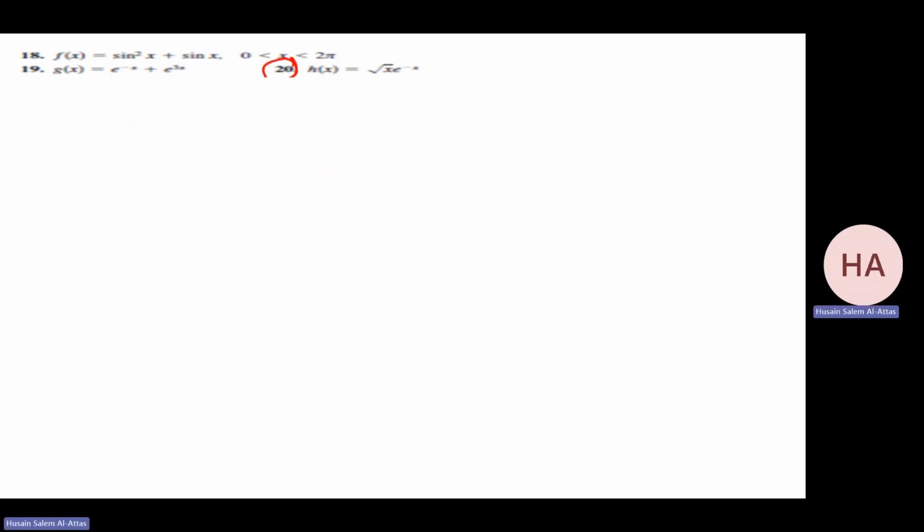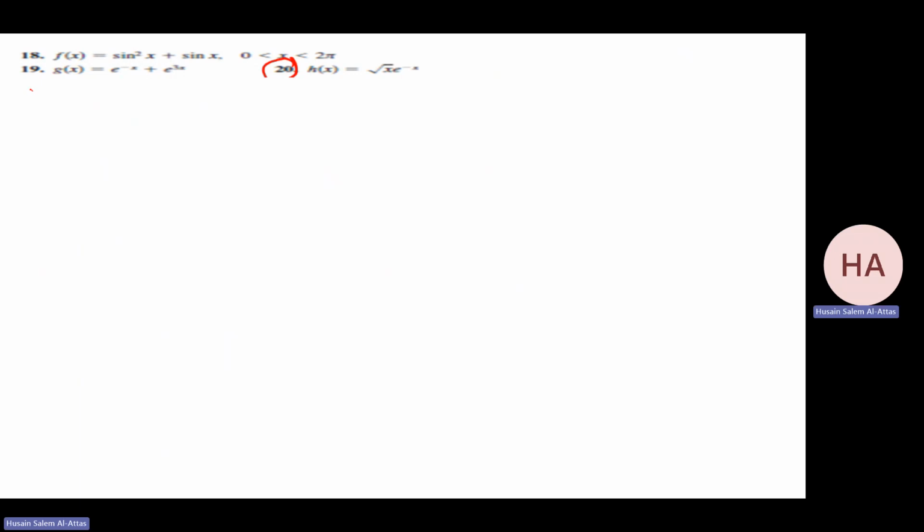Now we'll do 18. As I said, I have these 3 examples, just with different functions. Need to do calculations for different functions. Let me try to do it quickly. We have an interval, so the domain 0 to 2 pi is given.